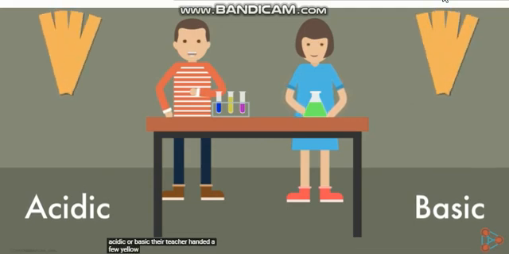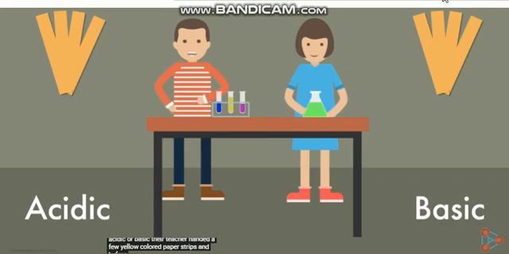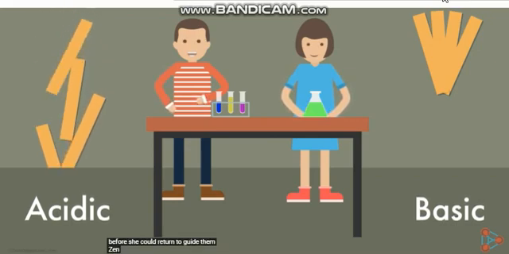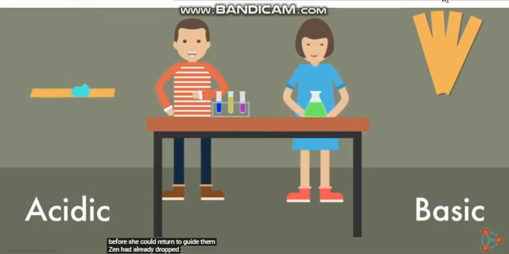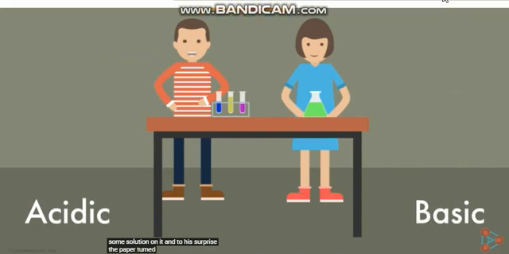Their teacher handed them a few yellow colored paper strips, and before she could return to guide them, Zen had already dropped a few drops of some solution on it, and to his surprise, the paper turned bright red. Both Zara and Zen were confused.